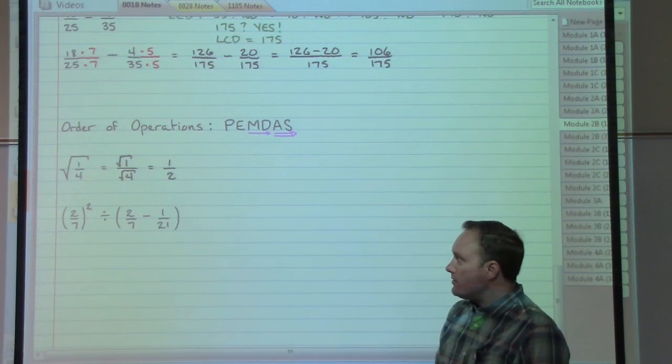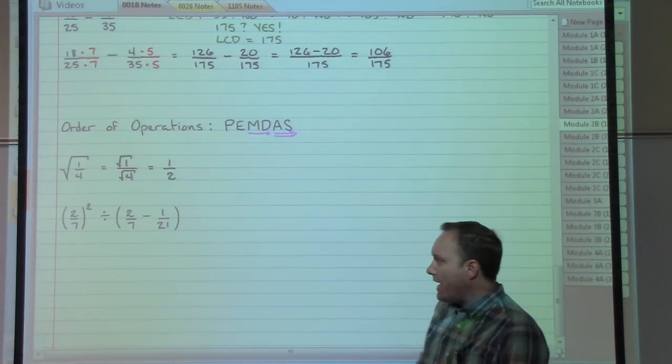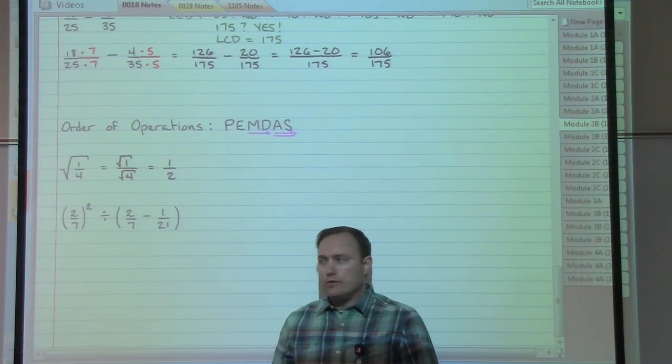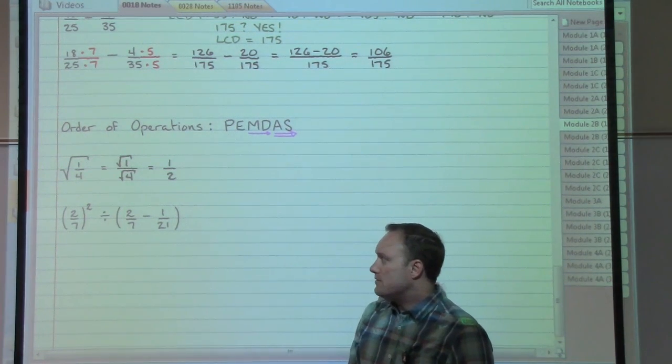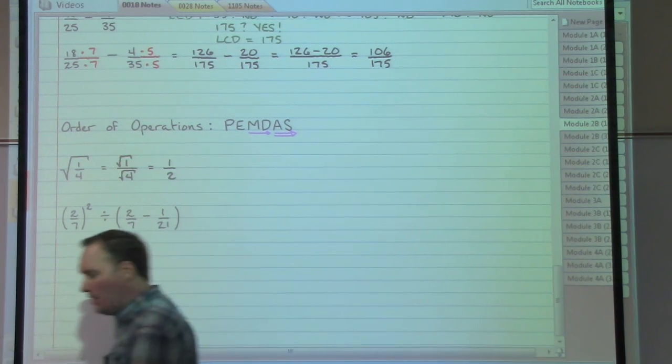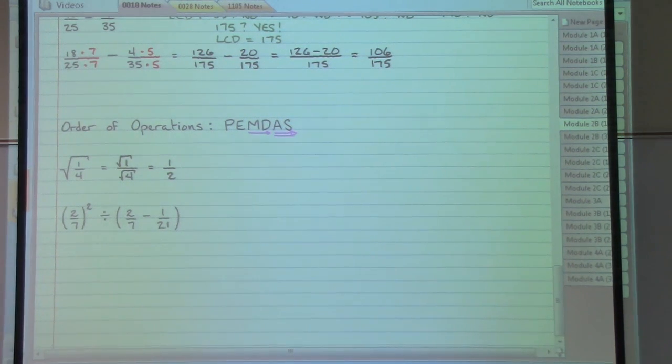Then we've got a more traditional example for the order of operations where we have parentheses 2/7 parentheses power of 2, divided by parentheses 2/7 minus 1/21. Based on reading that and considering our order of operations, the first set of parentheses does not have any actual math calculations inside.